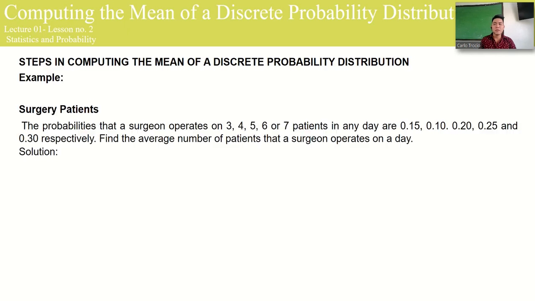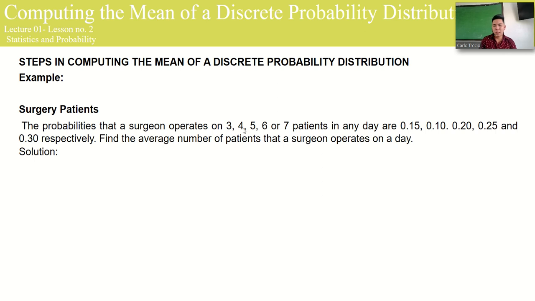Let us start right away in knowing the steps by having this example entitled surgery patients. It is already given here the probabilities that a surgeon operates on 3, 4, 5, 6, or 7 patients in any day are 0.15, 0.10, and so on respectively.